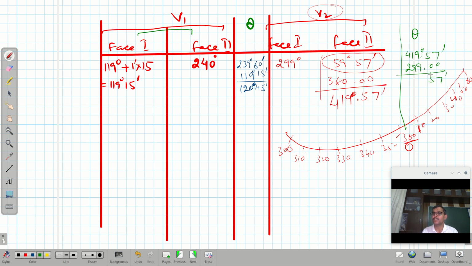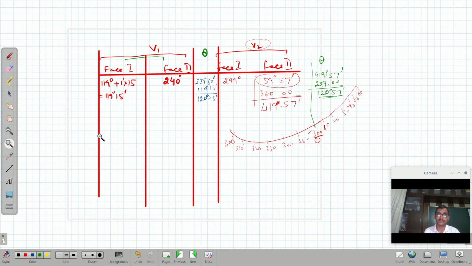So it is 57 minute, and here it is 400, and so 120 is the difference between these two values. So it is this one, 120 degree. So that means we have to see this very carefully, otherwise we will get stuck somewhere.